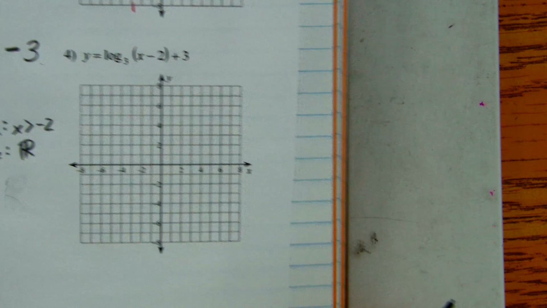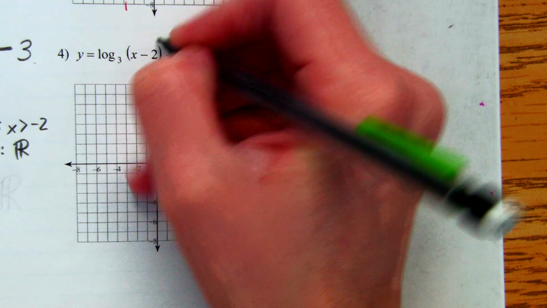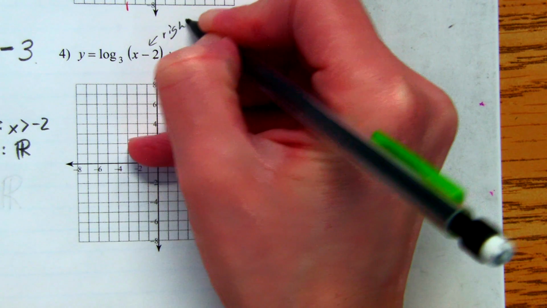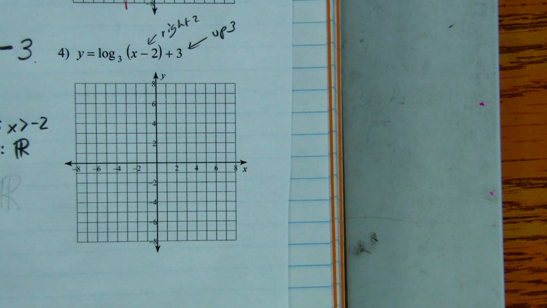Okay, so we've got one more. Before we start, can you guys predict how this one's going to move? Right 2, down 3. Good. So this is going to be right 2, and that's going to be up 3. Good job. So that is correct.